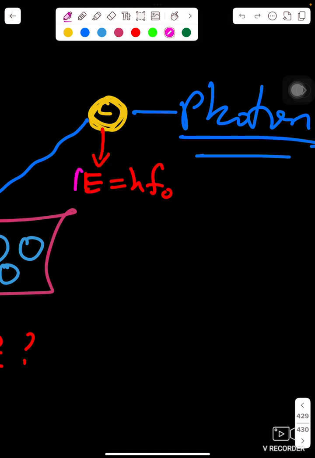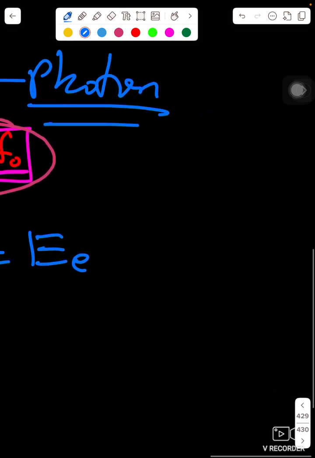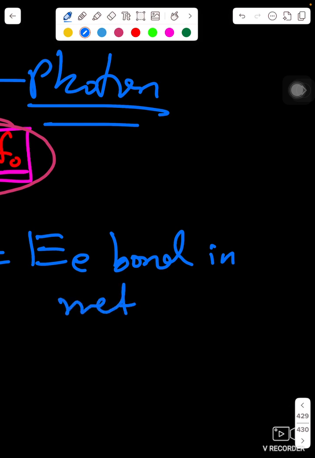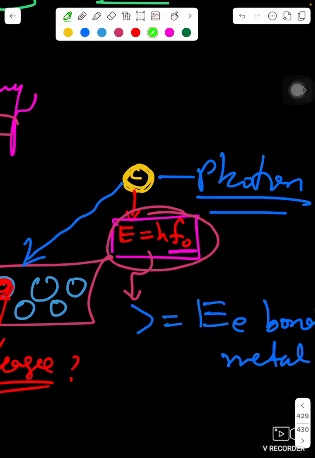That's what the equation is about. The photon should have a certain frequency, which gives a certain energy, and if it is greater than or equal to the energy of the electron bound in the metal, it will escape. So that's what this equation is about.